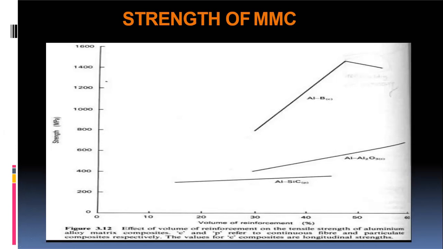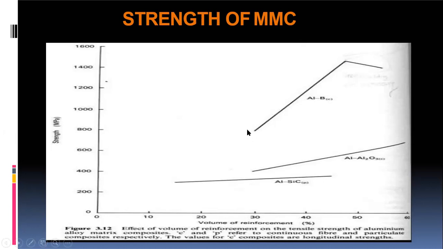And the next one is the aluminum boron reinforcement. It has a high strength value of up to 800 megapascals. So of all the three materials, aluminum boron has the highest strength, that is 800 megapascals, and it goes up to 1400 megapascals.